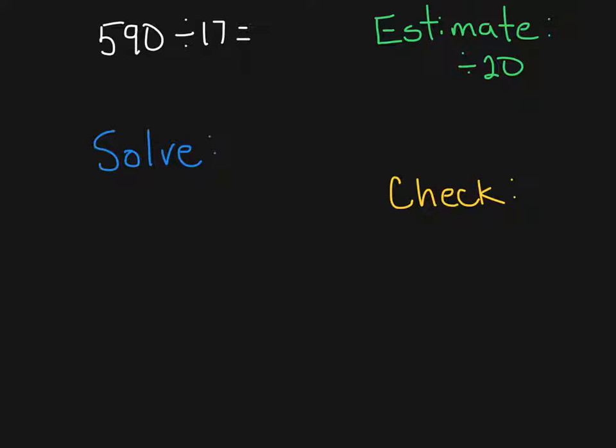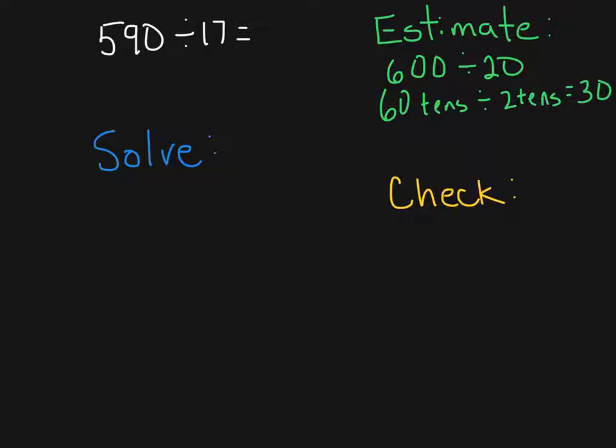So I think that 590 will round to 600. And I'm going to think of this as 60 tens divided by 2 tens, and that is going to equal 30.